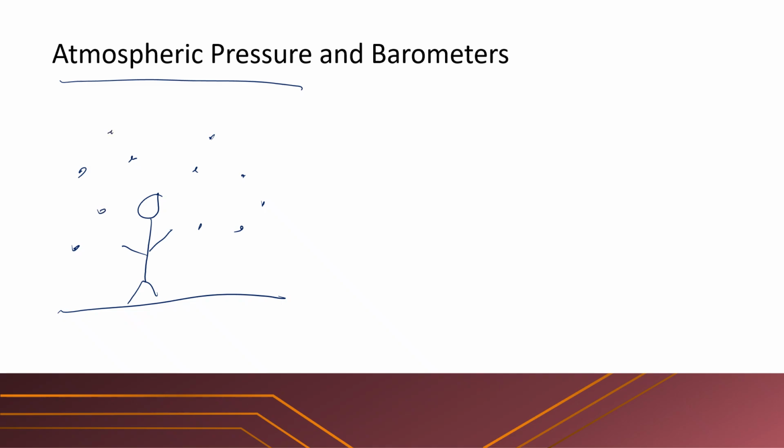Nitrogen takes up most of the particles in the air, but there's also like water vapor and trace gases. Those things are colliding with the Earth, with objects, with you. All those collisions are creating that atmospheric pressure. And a barometer is the device that we use to measure atmospheric pressure.